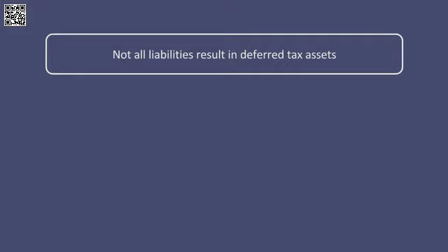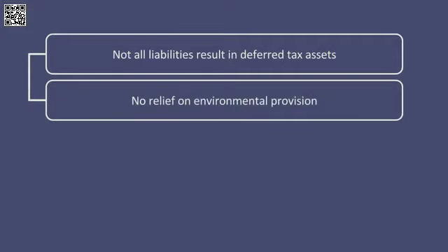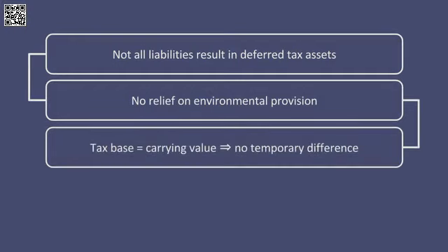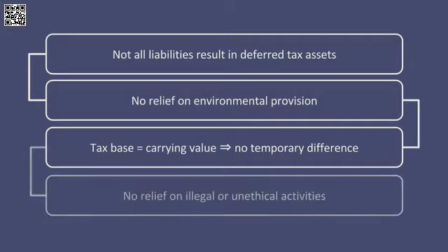For example, there would not be any tax relief on an environmental provision. In this case, we would have to set the tax base equal to the accounting carrying value so that the temporary difference comes to zero. There is no tax relief on anything bad for the environment, anything illegal, or anything unethical.